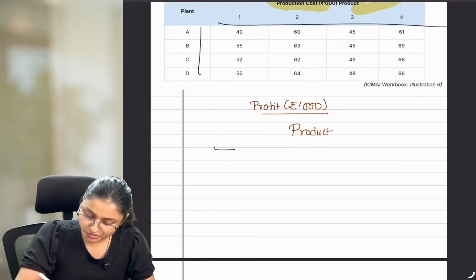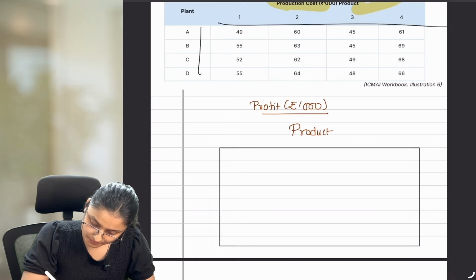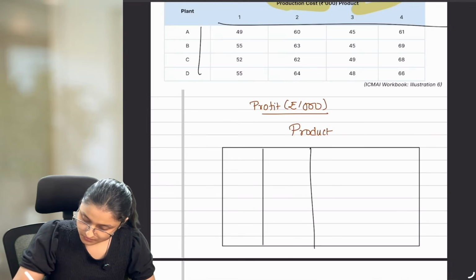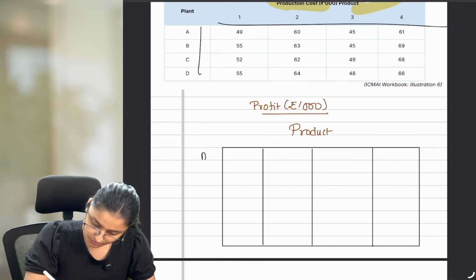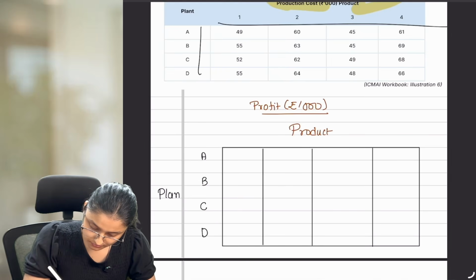That means a balanced matrix. One, 2, 3 and 4. So A, B, C and D is what we have. And these are plants.